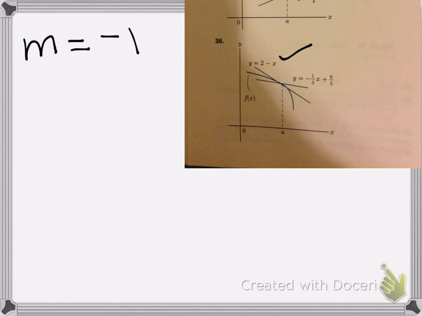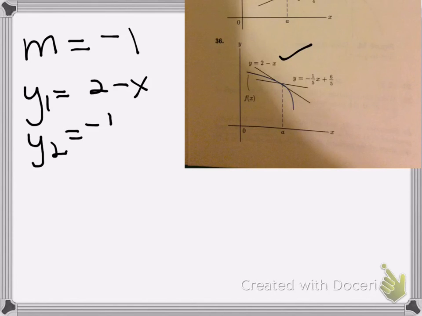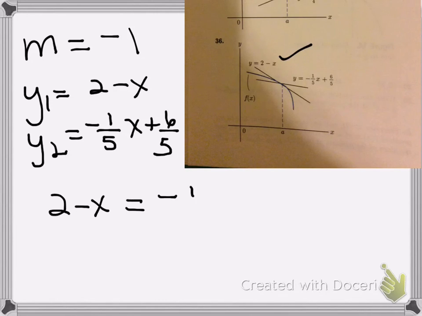So if you're going to put this in your graphing calculator, for example, you can say y1 is 2 minus x, and y2 is -1/5 x plus 6/5, and you would graph them and look for the intersection and get your x and y that way. We are going to instead set them equal and solve for the x.